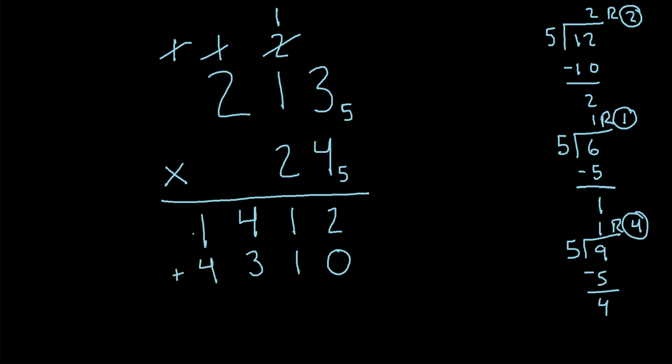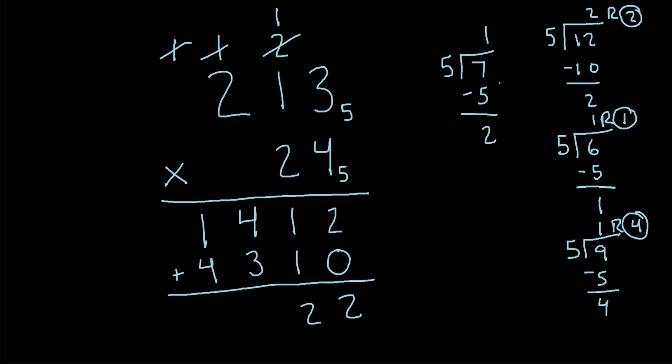So our final answer will just be adding these two rows together. So we get 2 plus 0 is 2, 1 plus 1 is 2, 4 plus 3 is 7. So since that's 5 or greater, we have to ask ourselves how many 5s actually go into 7. Well, that would just be 1. So 5 times 1 is 5, so we get to subtract a 5, and we get 2. So our remainder is 2. So the remainder, this 2, we'll write right here, and the whole number that we got, the 1, will get added to this next column over here.